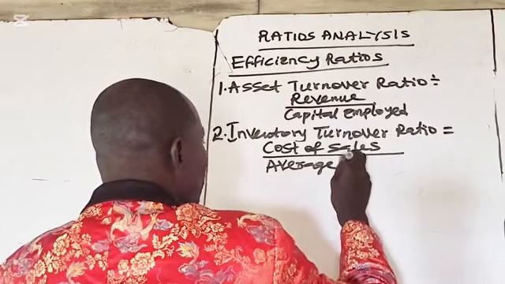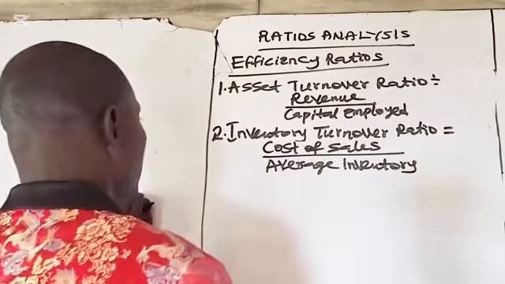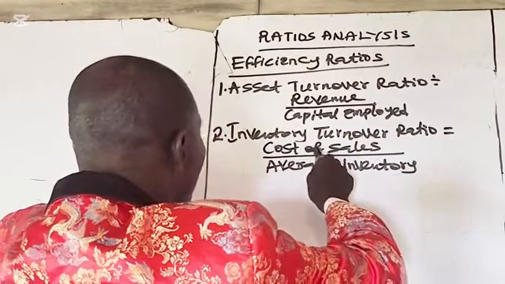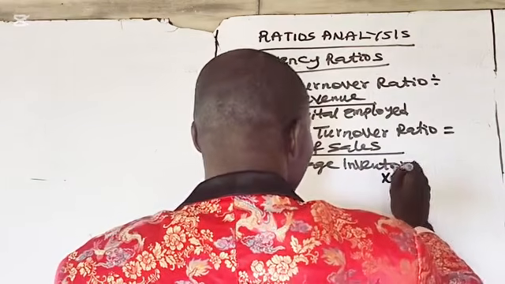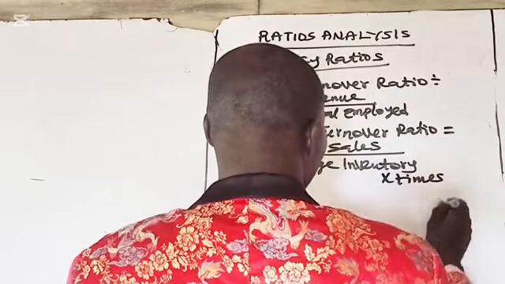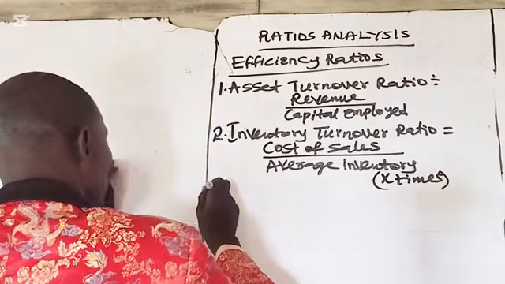The results obtained could be expressed in times, X times. So that is for inventory turnover ratio.